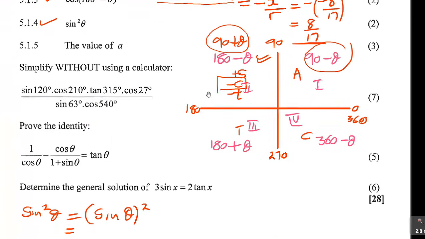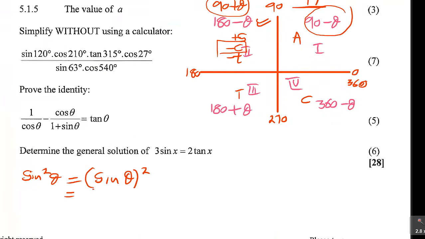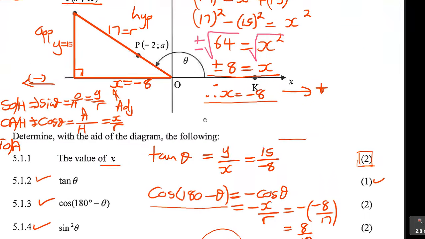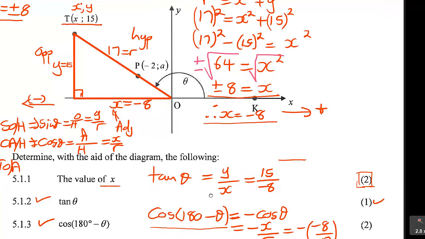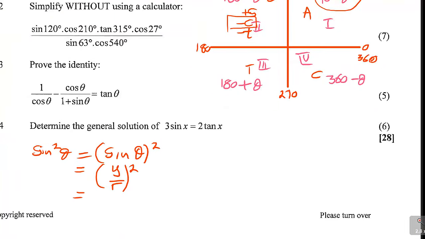So when you come here to sine theta, it's opposite, which is y over r, squared, which is equal to, now y we said was, if you go back to our diagram, y was 15, r is 17, so you have now in this case 15 over 17 squared.